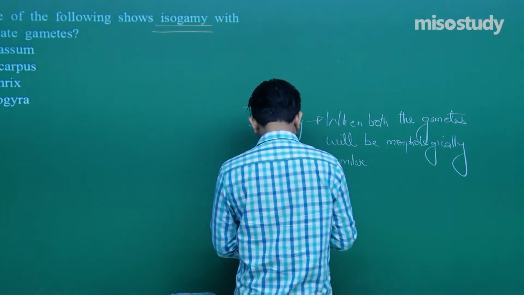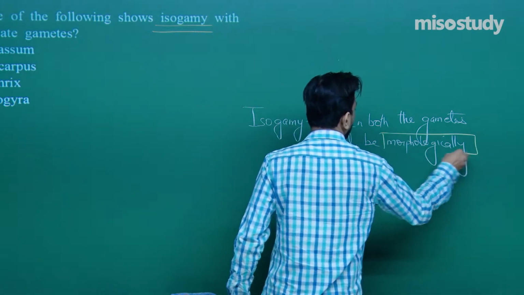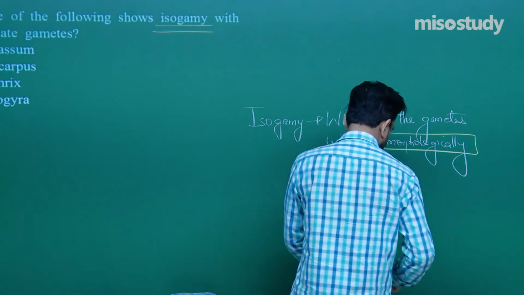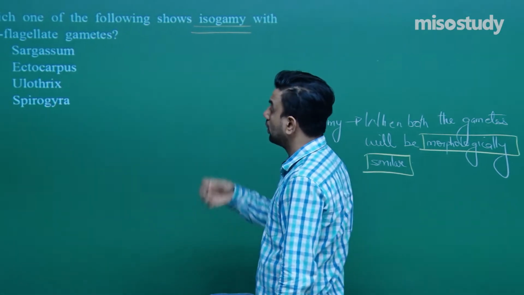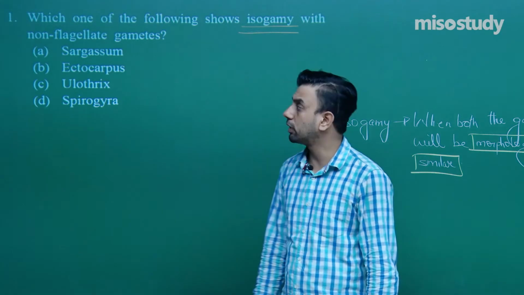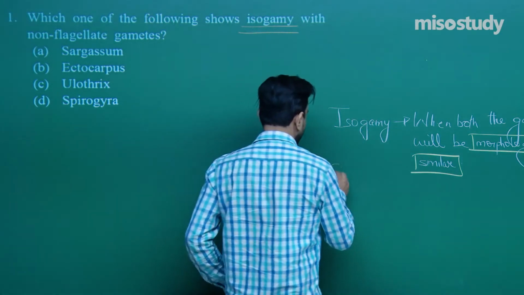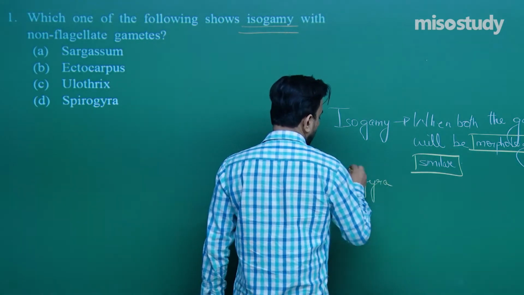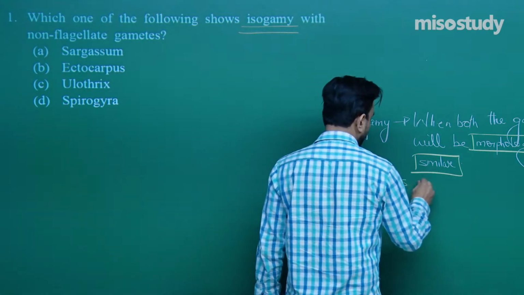So what is the organism showing isogamy? Spirogyra is the one showing isogamy. Spirogyra is filamentous.